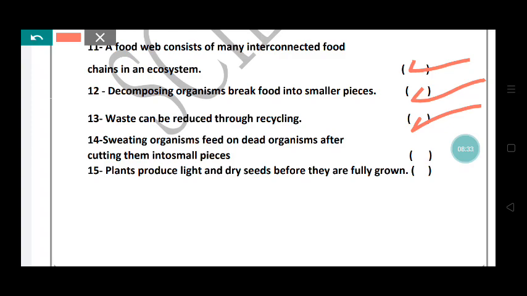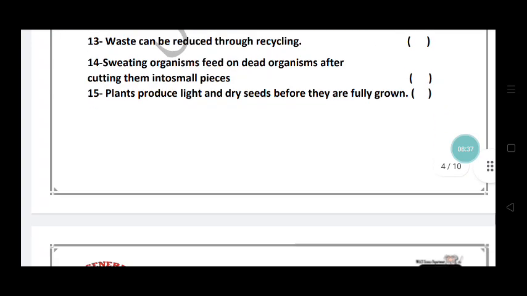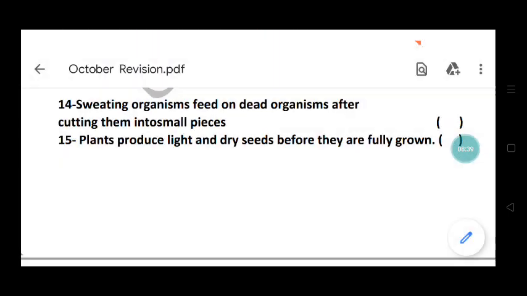Decomposing organisms feed on dead organisms after cutting them into small pieces. Of course, no, false.